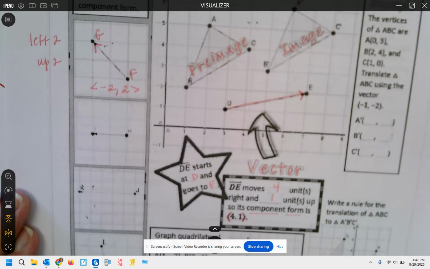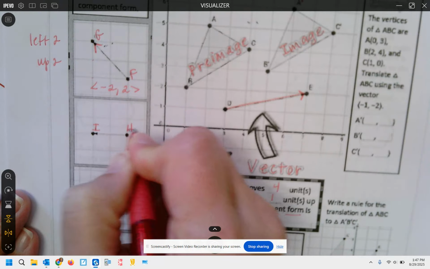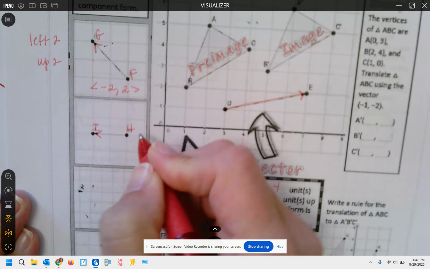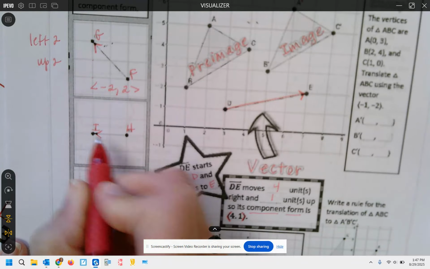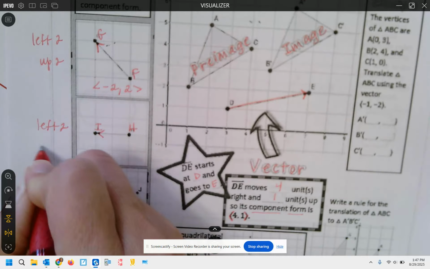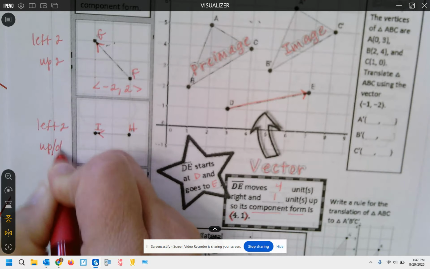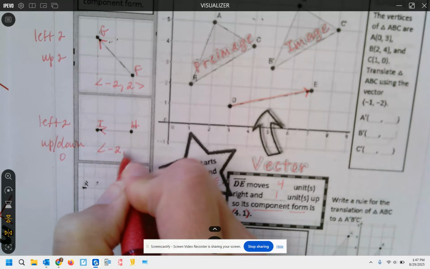The next example has the points I and H, and the arrow is going from H to I. So to get from H to I, we're going left 2 units, but we're not having any up or down movement at all. So the component form for this vector would be -2, 0.